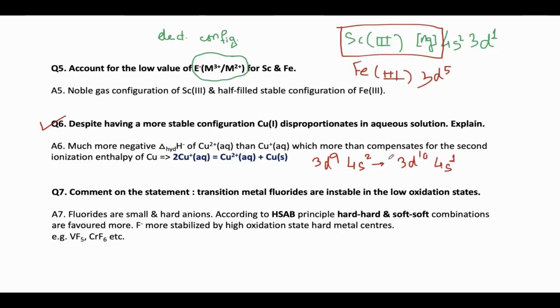This configuration is more stable than the other one because it has a full-filled 3d shell and a half-filled 4s shell. But in the other case, it has the full-filled 4s shell, but there is no half-filled or full-filled stabilization from the d9 configuration. Now copper 1+ is d10, so this one is copper 0, and copper 1+ is d10 and copper 2+ is d9.